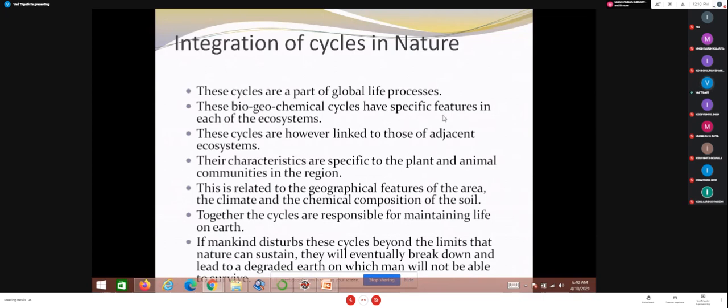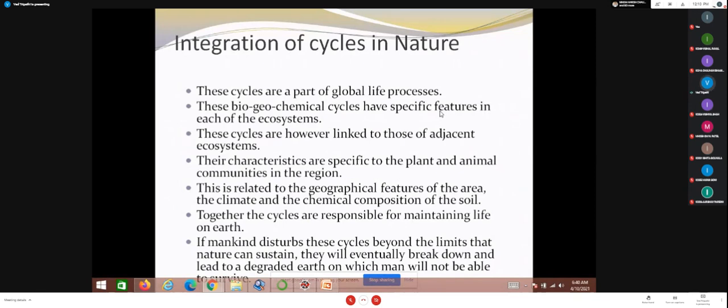Okay, and each of the ecosystems that we see, so forest ecosystem, desert ecosystem, or any aquatic ecosystem, all of them have specific features and ways in which they interact with the cycles: carbon cycle, nitrogen cycle.